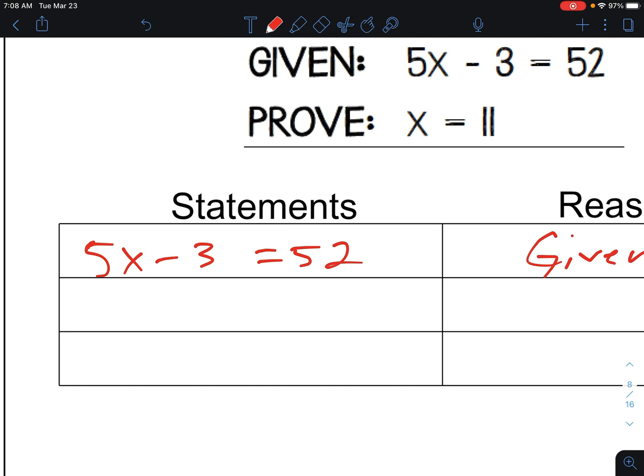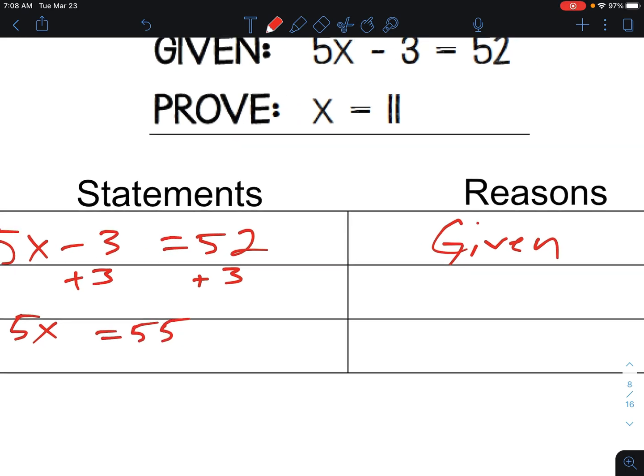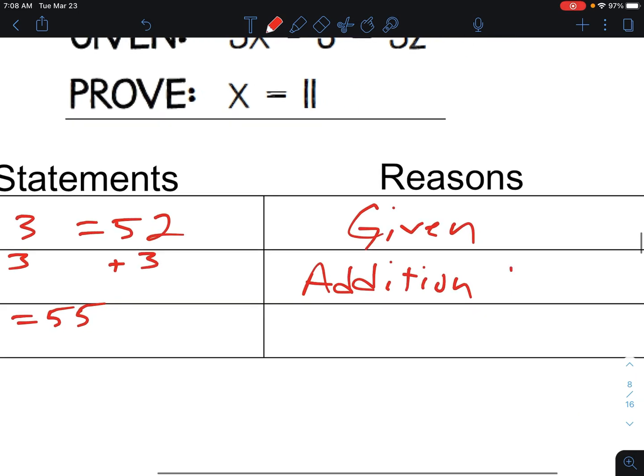We're going to run out of space here a little bit, but that's all right. So we're going to add 3 to both sides and get 5x equals 55. What did we just do? We did the addition property of equality.